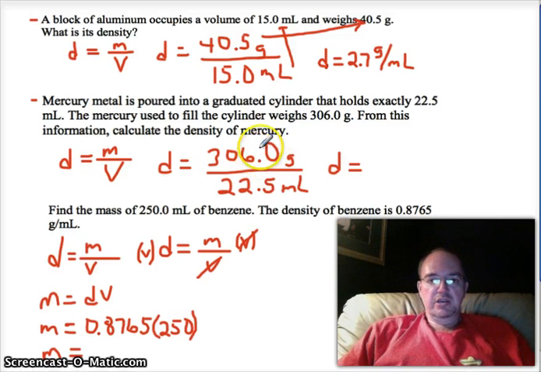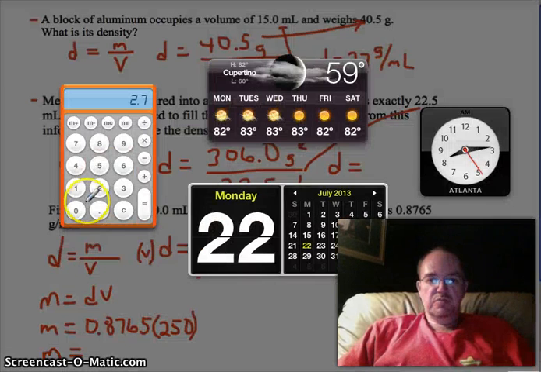So what do we have? 306 grams is the mass. So it weighs, that's the mass, 306 grams, so that goes right there. And the 22.5 milliliters is going to be the volume. So kind of a simple calculation here, 306 divided by 22.5 equals, wow, that is a heavy substance.